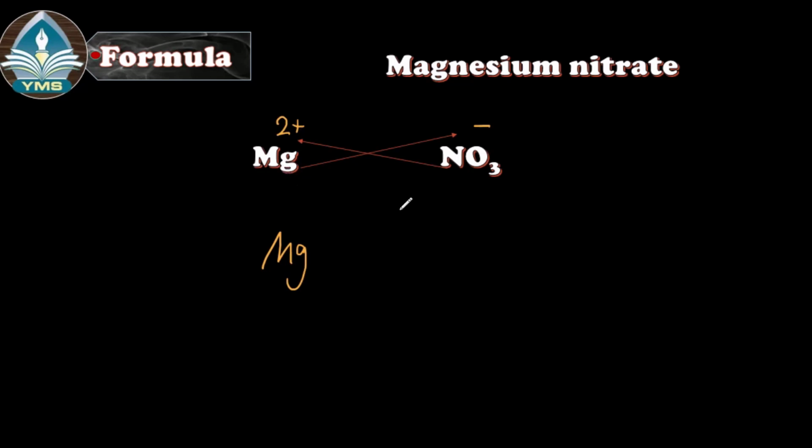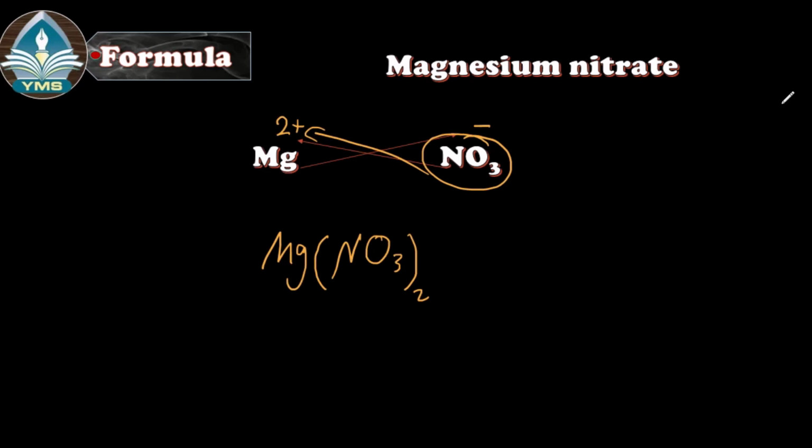And the nitrate now, all this NO3, is going to be 2. It will take the charge of magnesium. So NO3, now to write the 2, we said we'll open brackets, and this 2 is going to be for everything inside of the brackets. This is how we write magnesium nitrate.